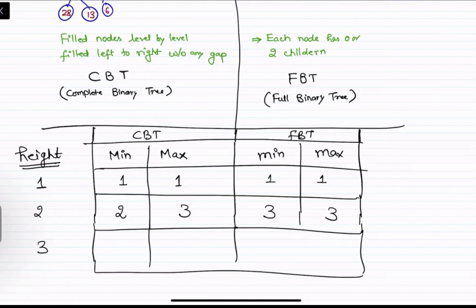Yeah, CBT will have 4 as minimum nodes and maximum you can go with 7. What about FBT? Yeah, for FBT, what is the minimum? Yeah, you have to go 3 levels.